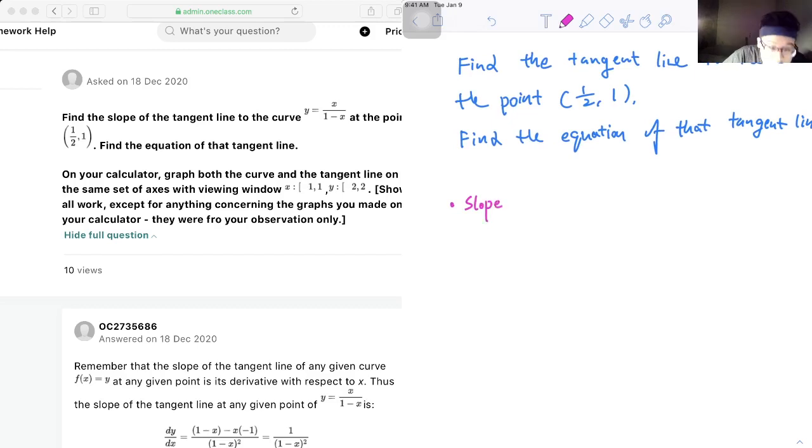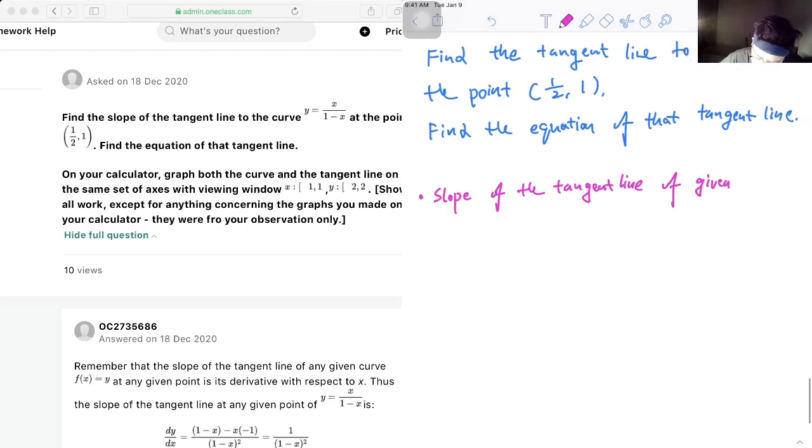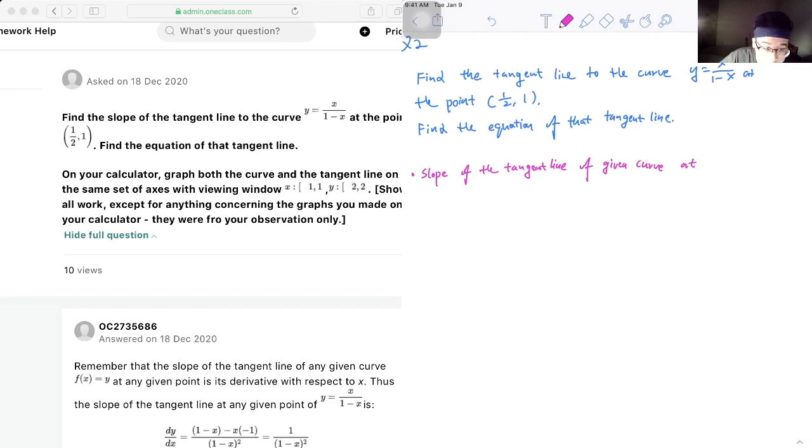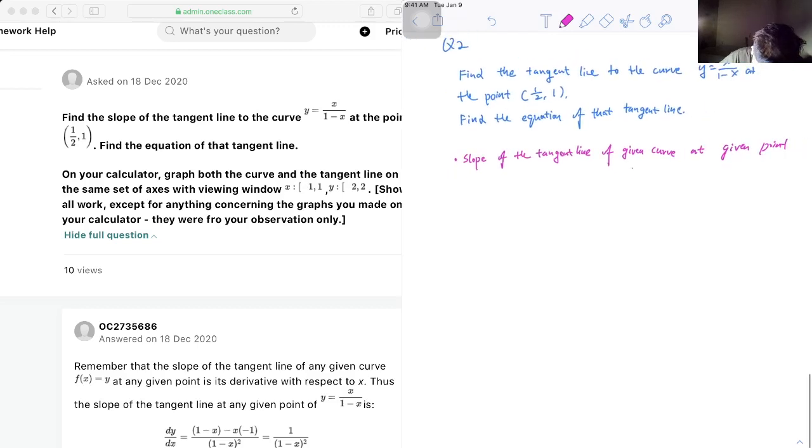The slope of the tangent line of a given curve at a given point is always its derivative with respect to x.